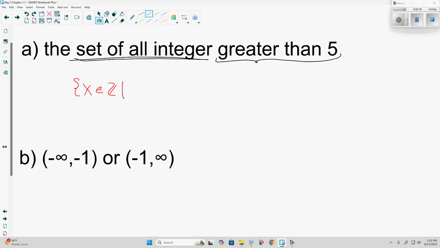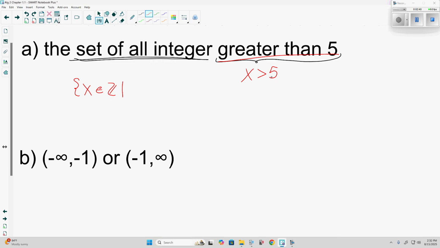As much as we want to just say greater than 5, we need to write this as an inequality. Greater than 5 tells us that whatever number satisfies this has to be greater than 5. So we would put x, then the greater than symbol, and then 5, because x is greater than 5. That's the description for it.